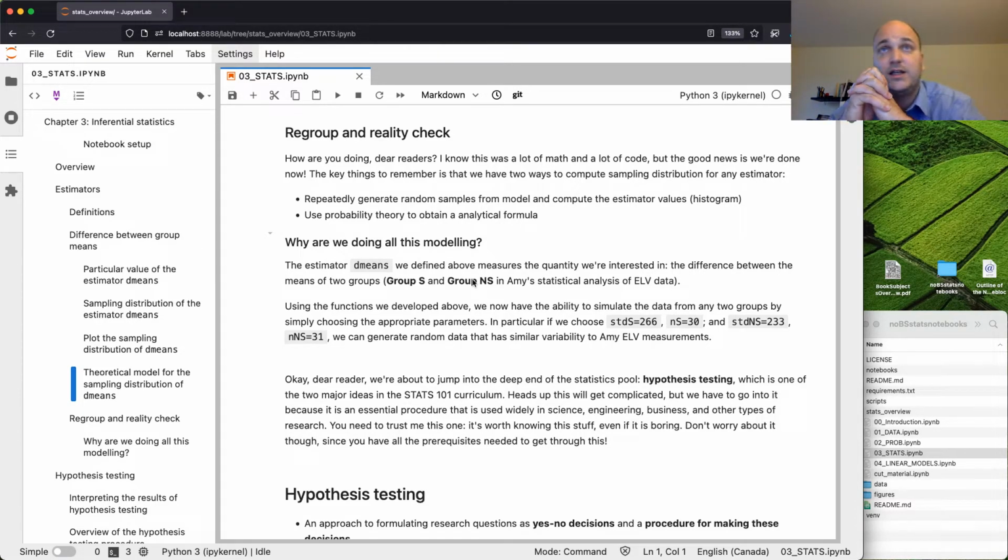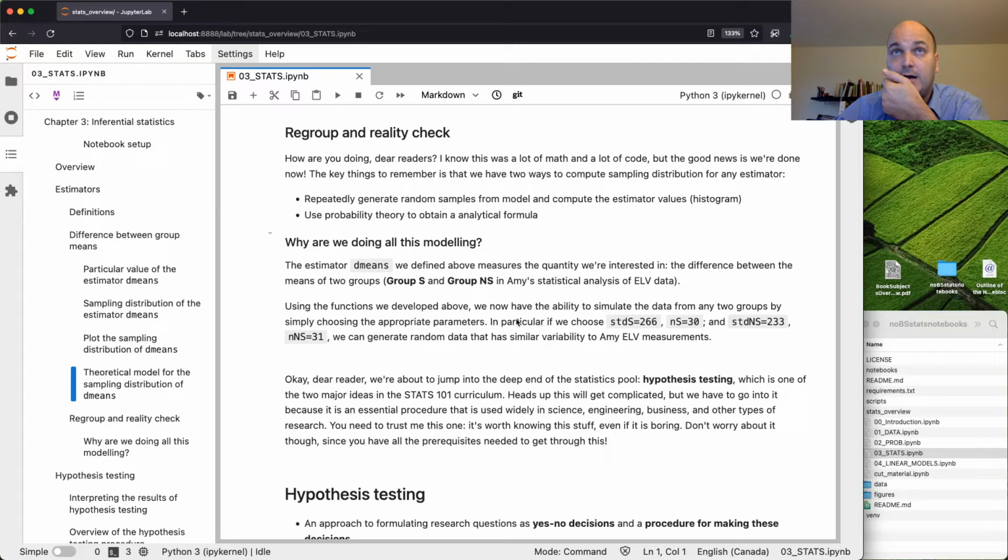How exactly is this going to vary? We want to be able to characterize the variability of our estimate of the difference between group means. So we just saw the simulation method and the math theoretical model for estimating that.